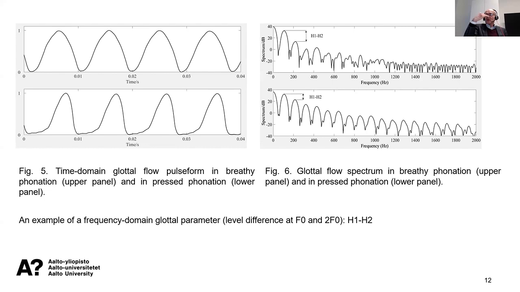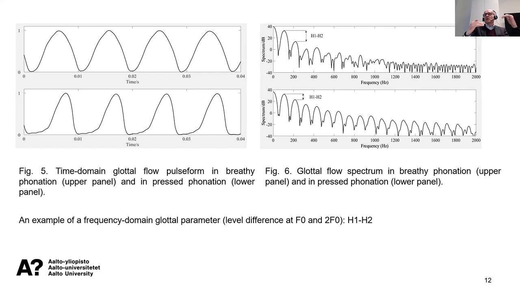Or one can, of course, convert the signal to the frequency domain, and the most inherent feature of glottal flow in the frequency domain is the spectral tilt. So one typically computes some kind of numerical values between 2 harmonics, or a number of harmonics, or one could fit some kind of function to measure the decay.